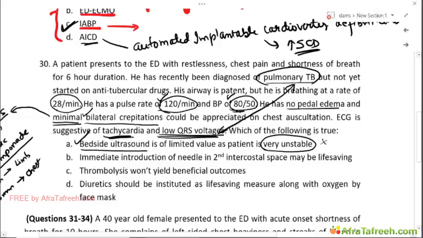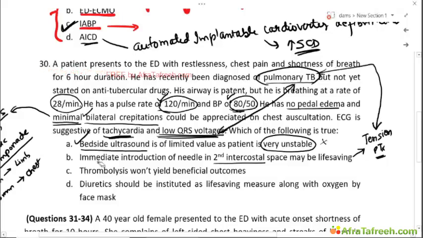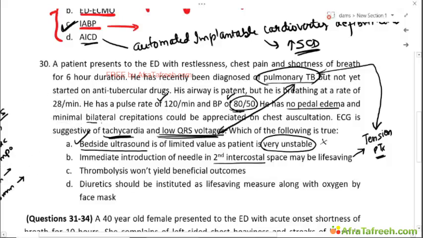Immediate introduction of needle to second intercostal space may be life-saving. So this is the treatment maneuver for tension pneumothorax. You need to understand that pulmonary tuberculosis could also lead to tension pneumothorax, but this patient does not have it because there are minimal crepitations.